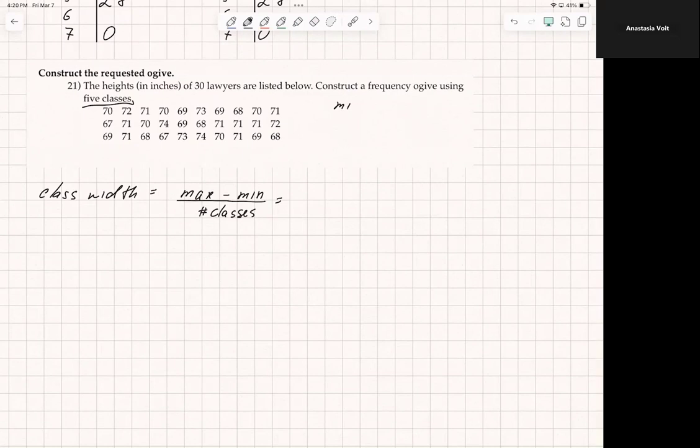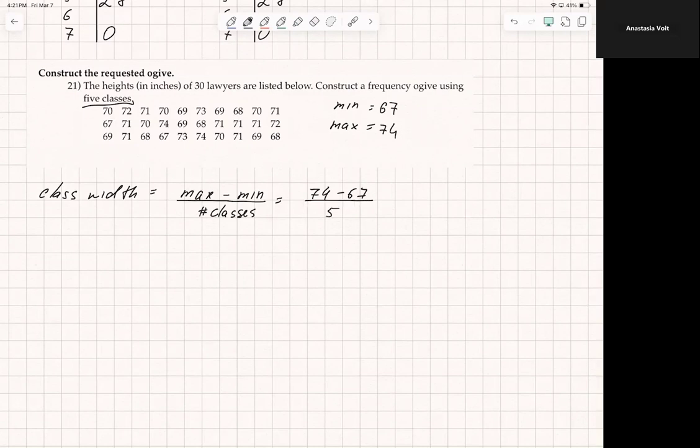So minimum value is 67, right? And maximum value is 74. So I think it's, yeah, 67 is the smallest and 74 is the biggest value. So now to calculate the class width, we have 74 minus 67 divided by number of classes.